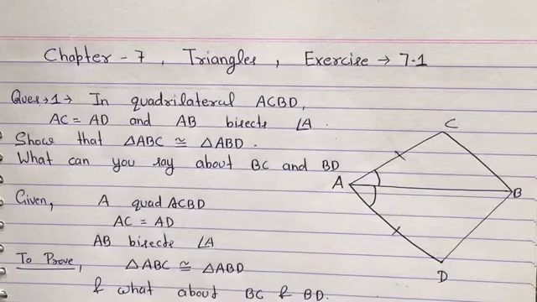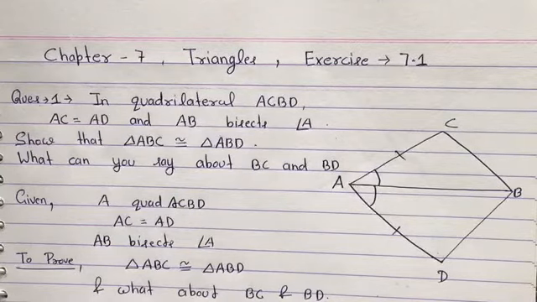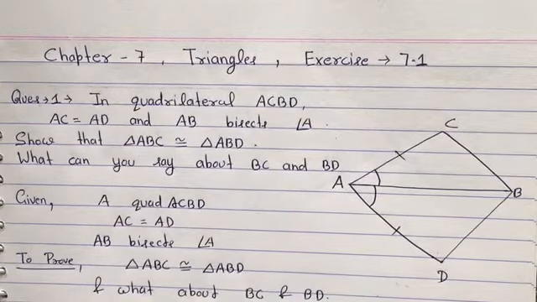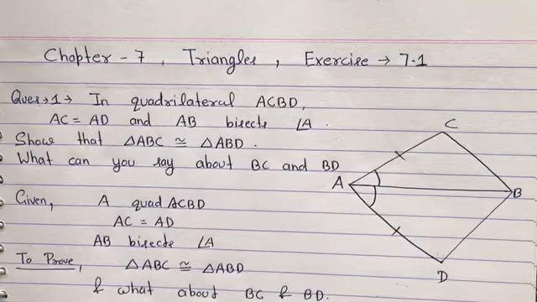If a side is equal to the side of another triangle, then one angle is equal to the angle of another triangle, and then another side is equal to the side of another triangle. But we have to keep one thing in mind, that this angle is included in between both the sides.